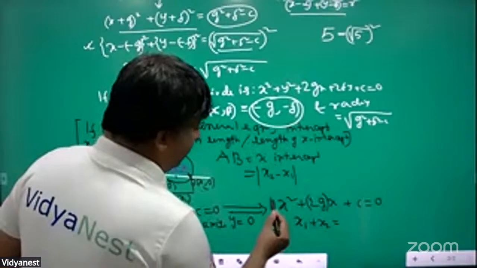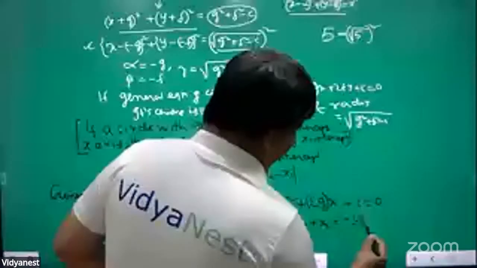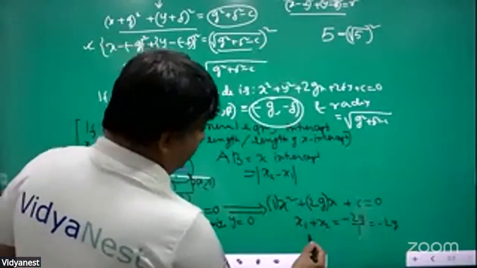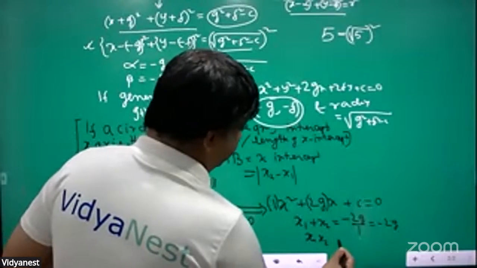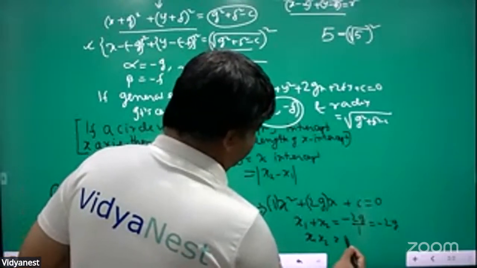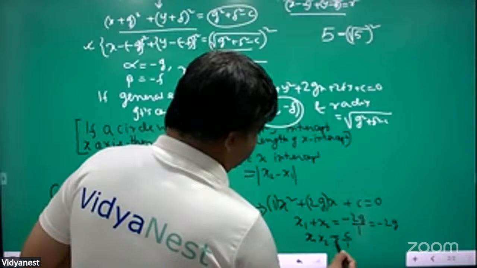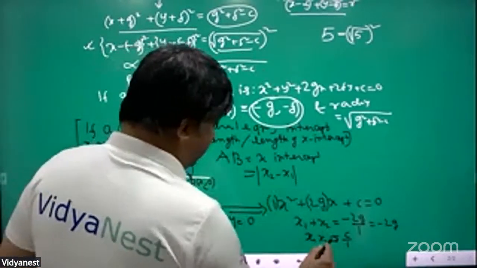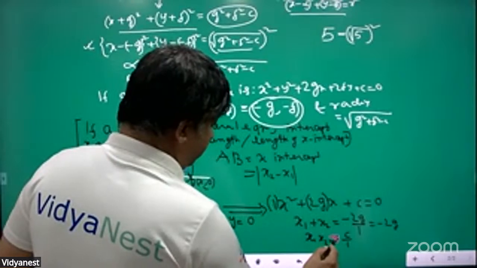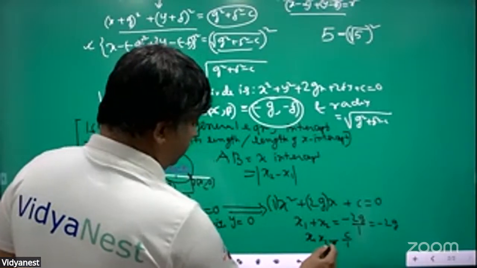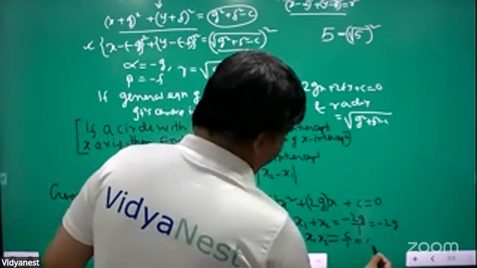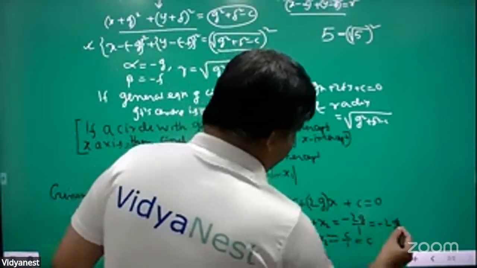What is a? 1. So x1 plus x2 is minus 2g, and x1 x2 is c by a, that is c. So we have got these two results.